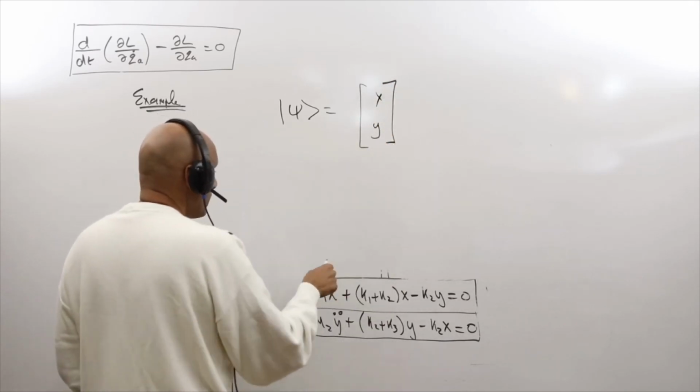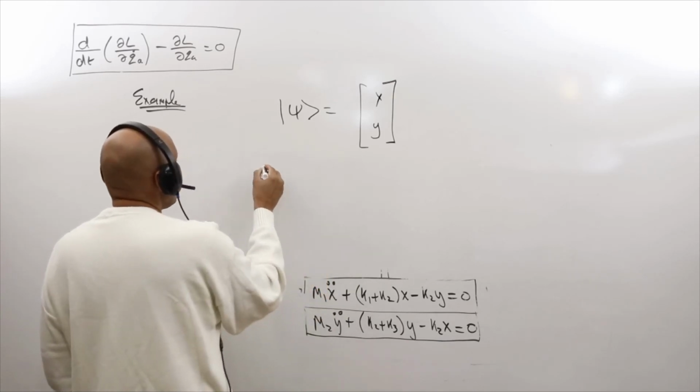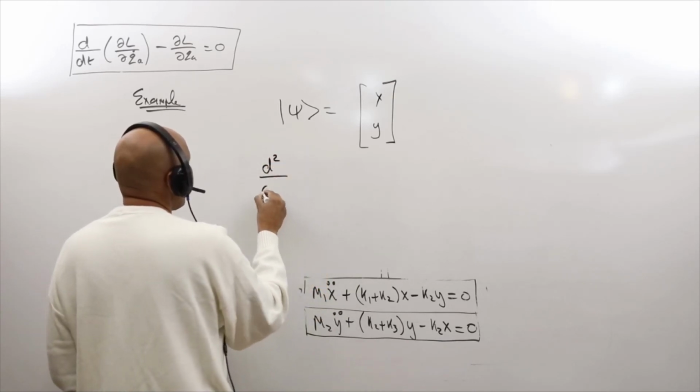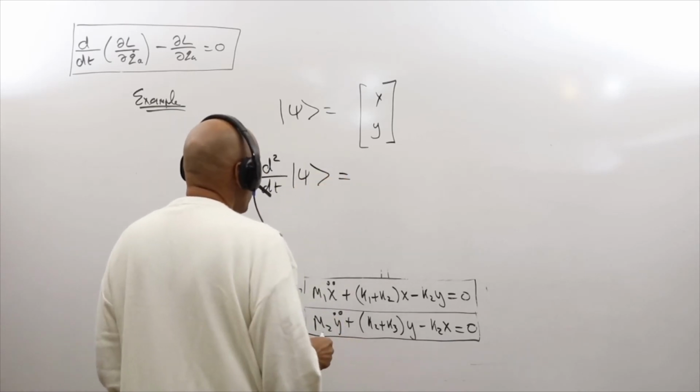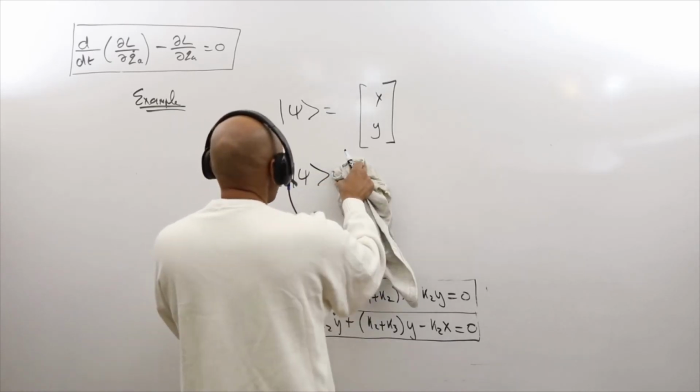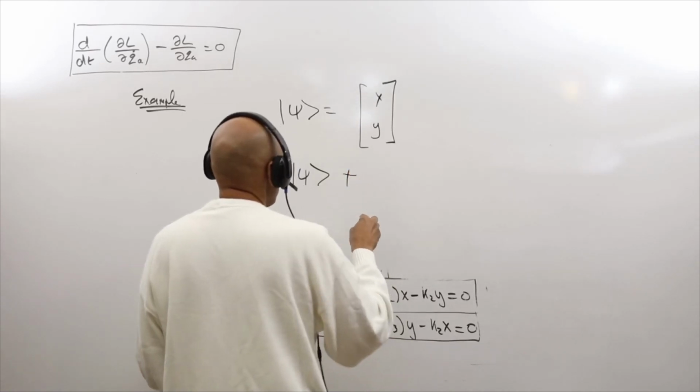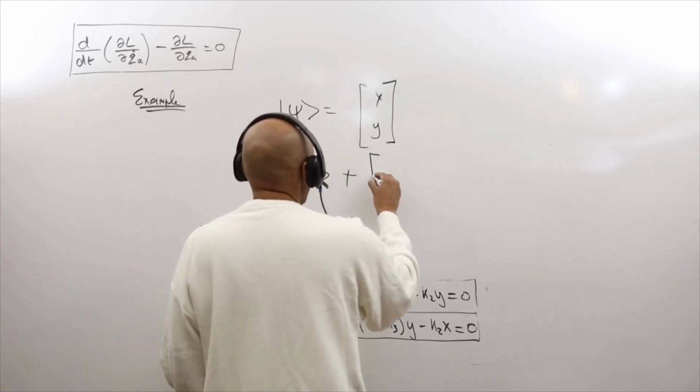So what we want to do is say that the second derivative in time of this ket is given by a matrix.